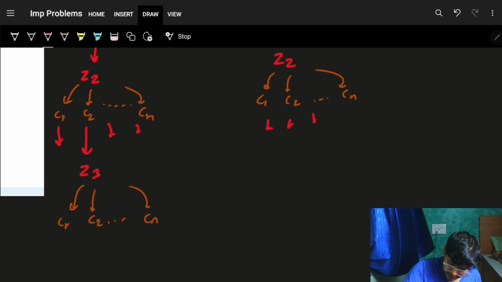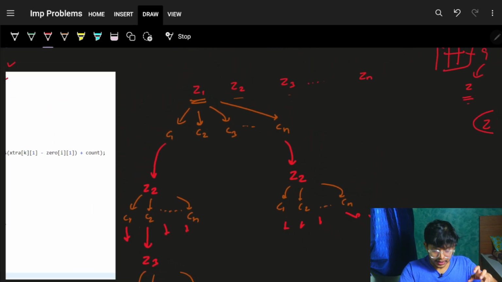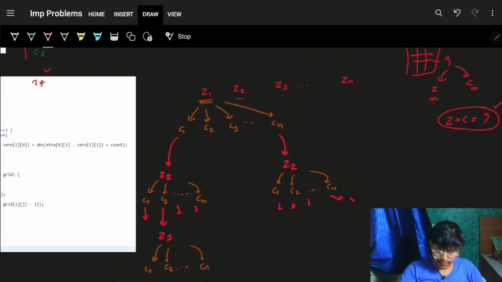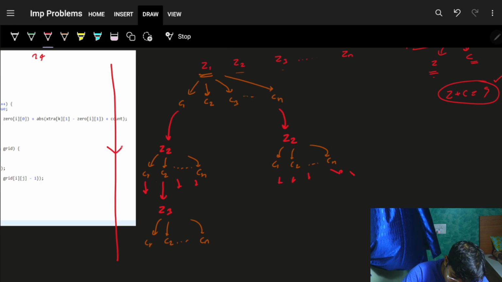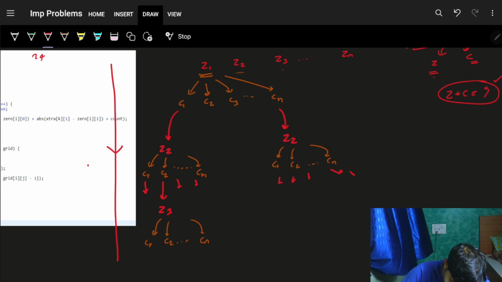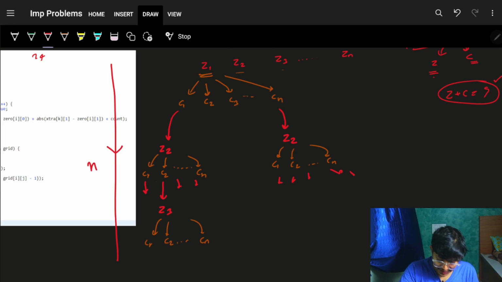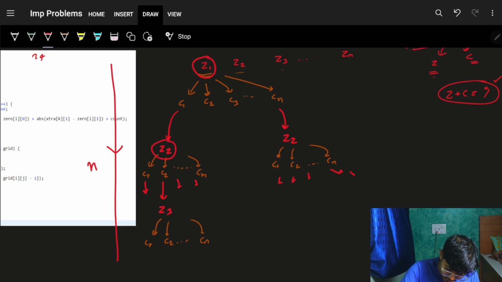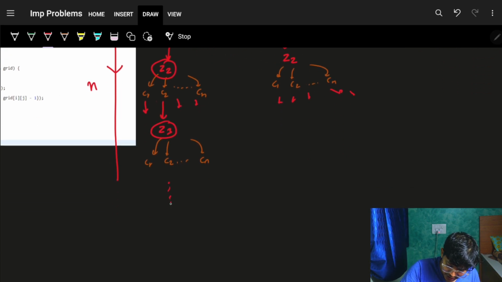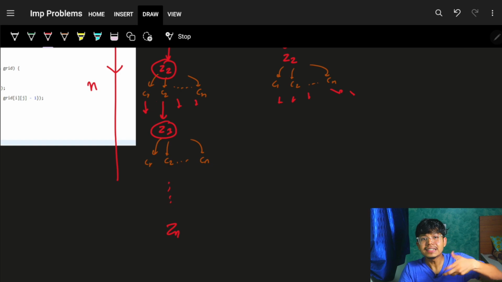So you see that it's a kind of recursion tree being built with the height or the depth of size n. When I say n, I mean just for every cell, right? For every cell Z1, you are doing it. For Z2, you are doing it. For Z3, you are doing it. And you will keep on doing it up till Zn, which means you have Zn cells.